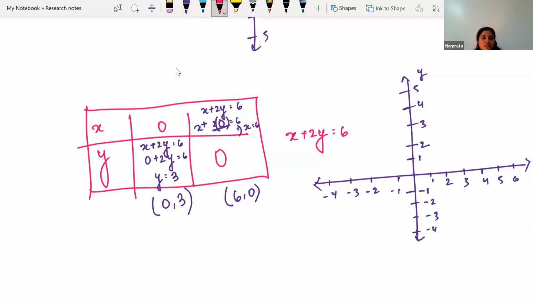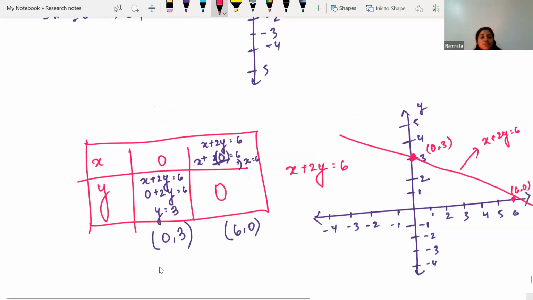The first point is 0, 3, when x is 0, y is 3. The other point is 6, 0. When you join these two, you get the graph of the equation x plus 2y is equal to 6.